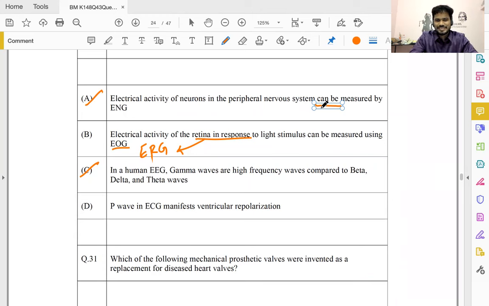Right. So there are no issues. This is a safe way of framing it. Yeah, it can be measured. So why bother about CNS, PNS?